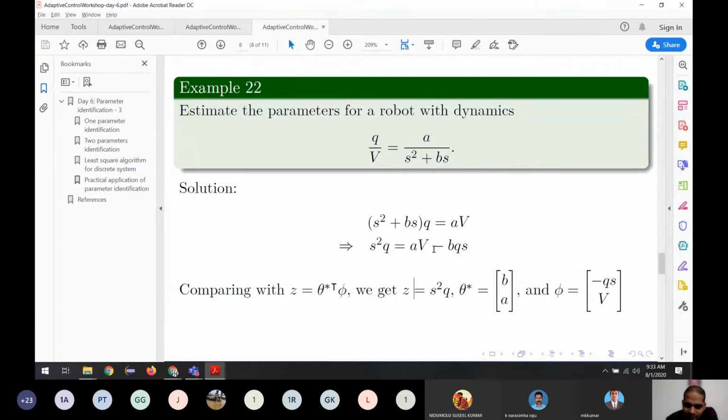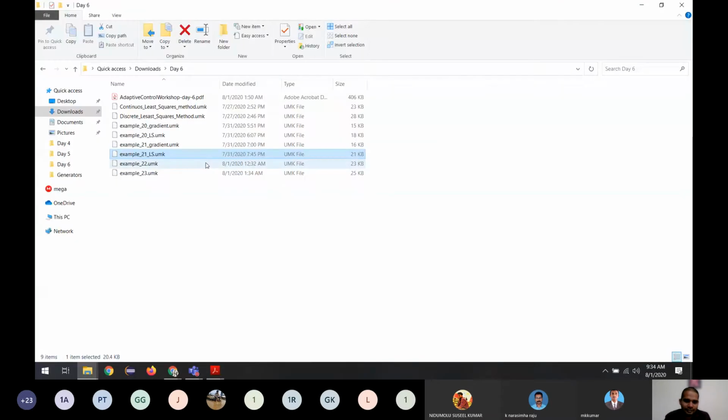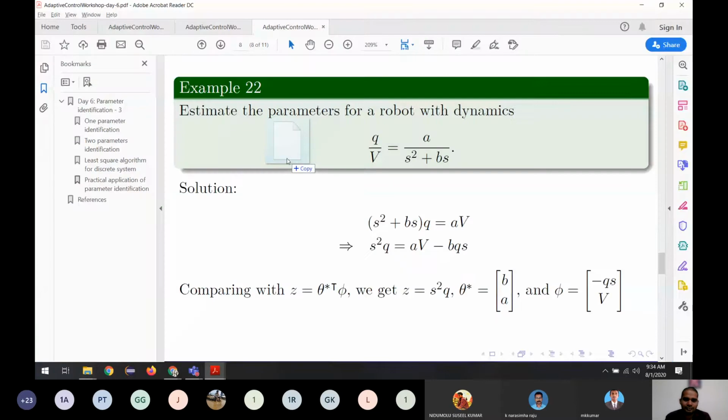The B and A form a vector theta star, and phi is associated with the B term and the A term multiplied with V. So theta star transpose times phi will give Z. We can use this to simulate our algorithm. So let's do example 22.